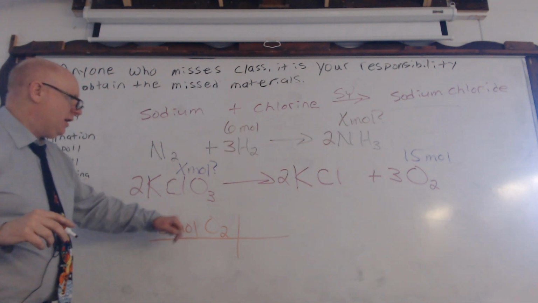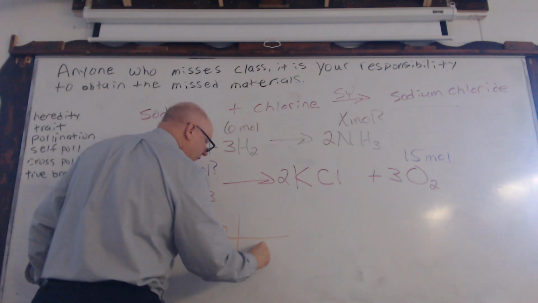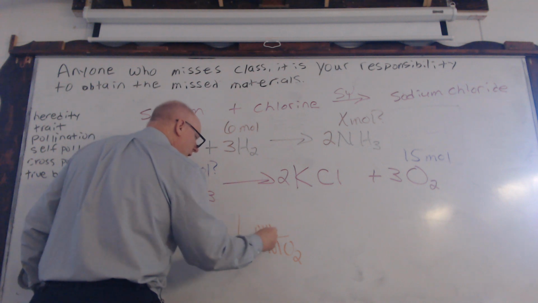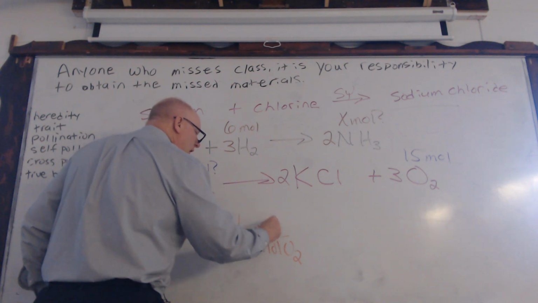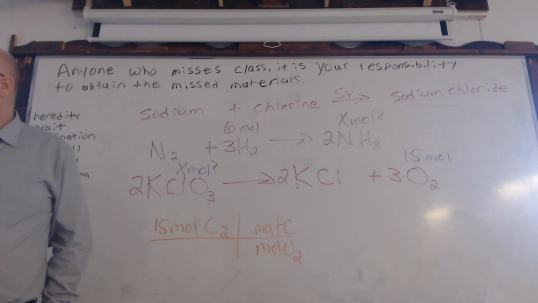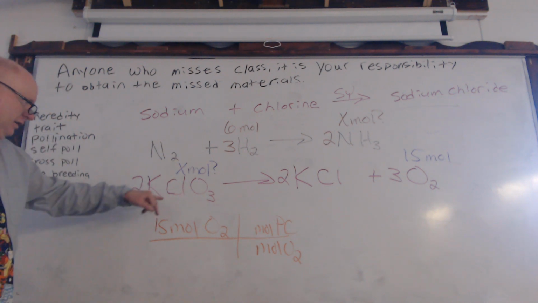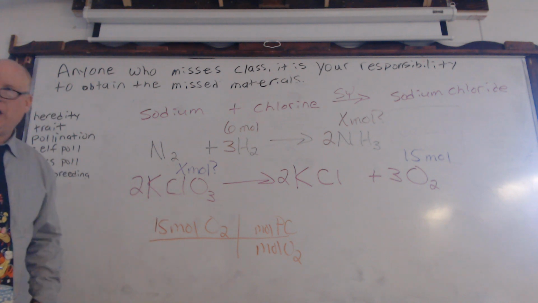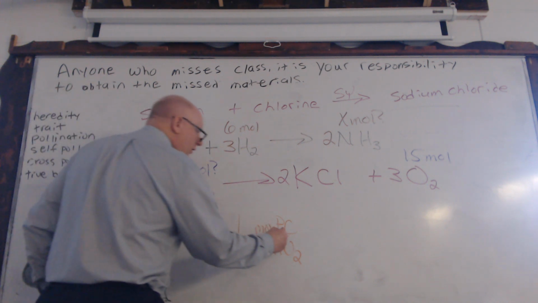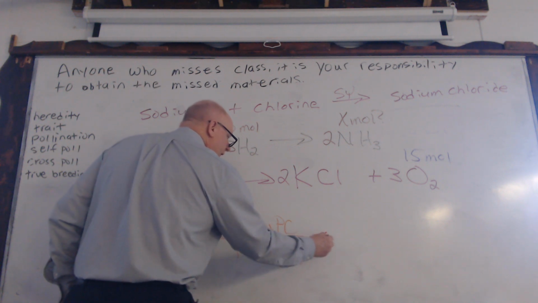So to cancel out our oxygen, what do we put down here? Moles of oxygen to moles of potassium chlorate, and if you wanted to do that, you could, just as long as you know that potassium chlorate is this compound, because we're not looking for a mass of it. Okay? So we've got a mole over a mole.